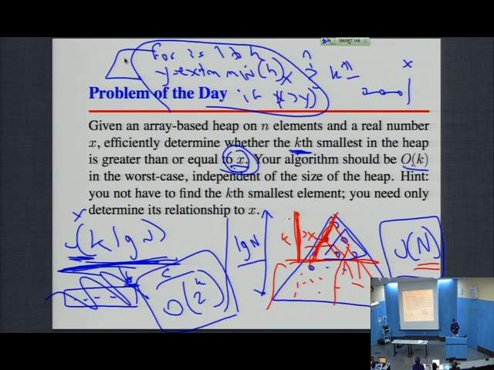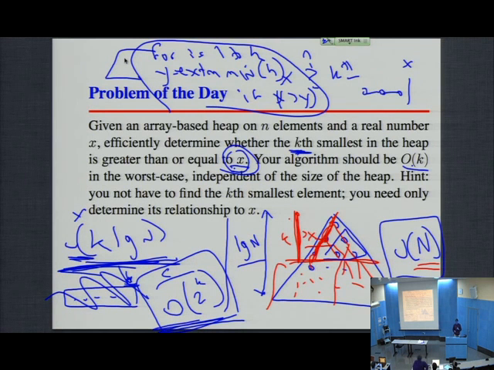Now let's look at these and decide which is better. Which is better, the order 2 to the k algorithm or the order n algorithm? Which is the best one here? Order 2 to the k.